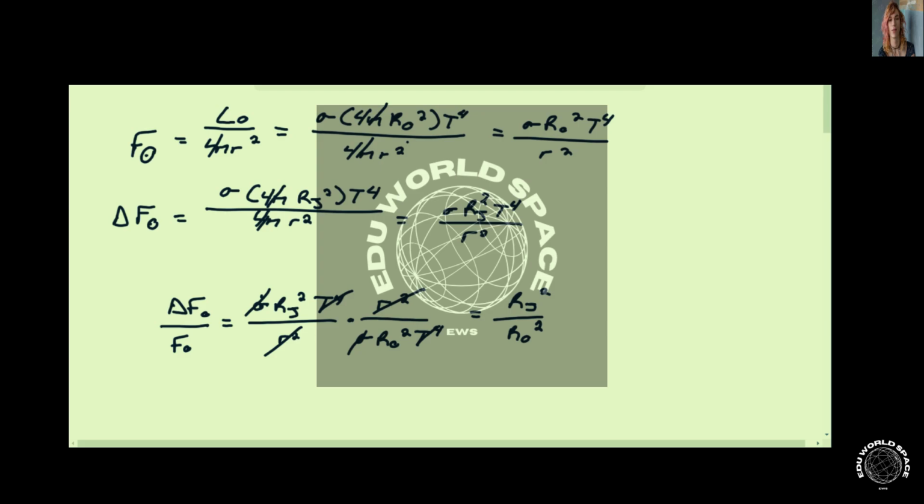And here we can calculate what we have. So we have 71.5 times 10 to the 6 meters squared over 7 times 10 to the 8th meters squared.